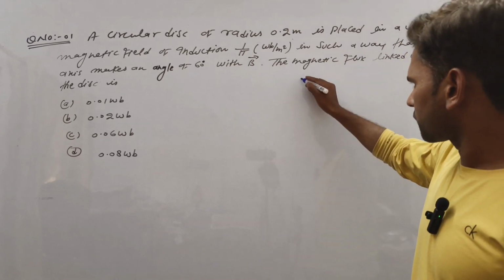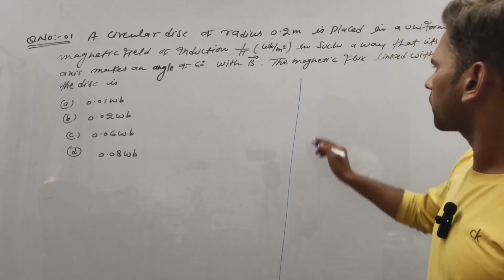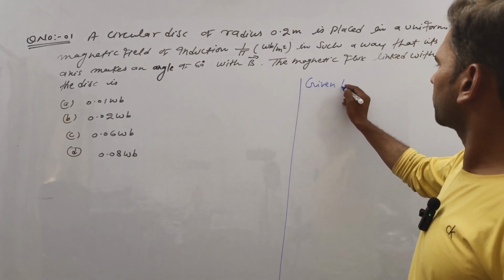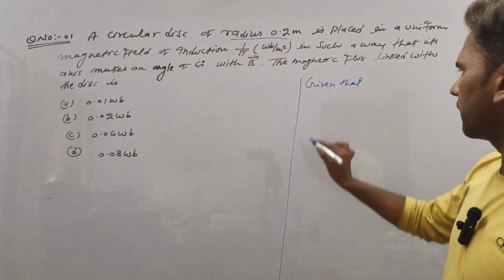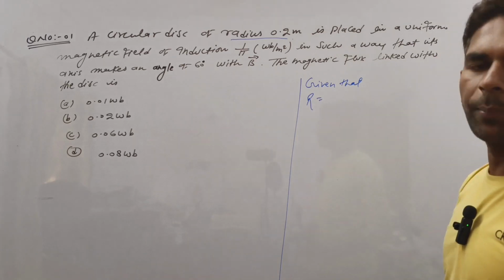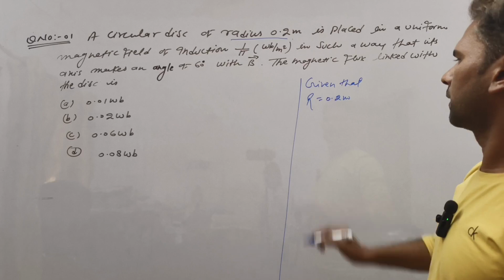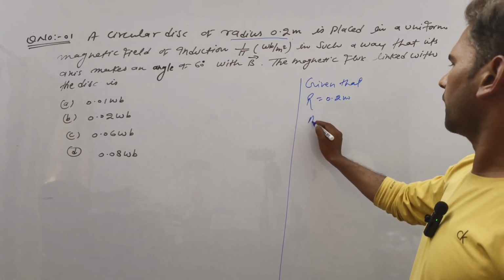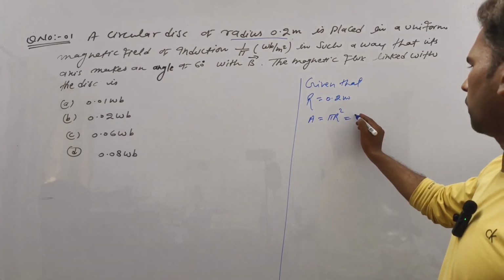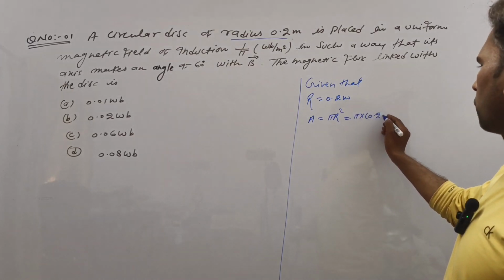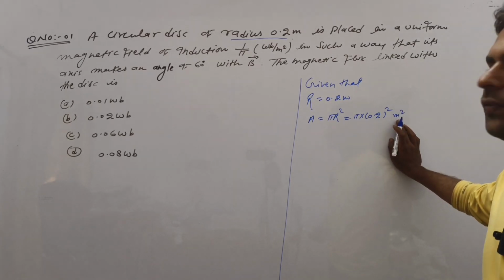Before solving this problem, first we will write what is given. First, the radius, denoted by capital R, you can take small r also, no problem. Radius is 0.2 meter, so you can find the area of the circular disc also, it will be πr². Now you can put the value: π multiplied by 0.2 squared, meter square being the unit of area.